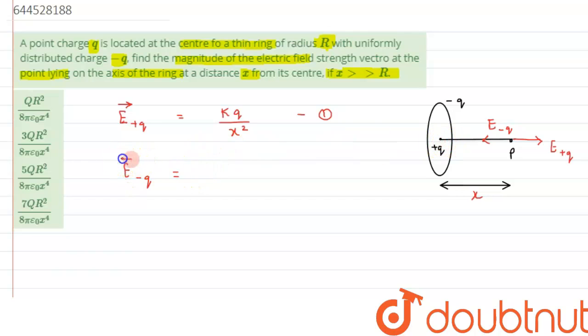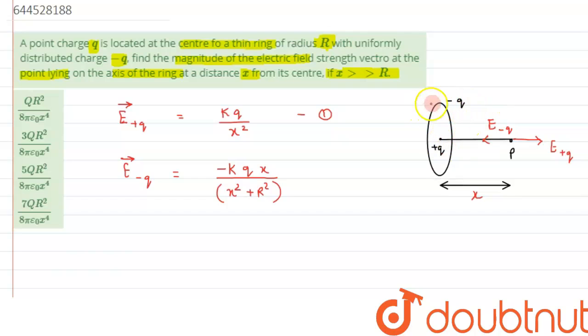Similarly for the electric field due to the negative charge spread over the ring, we have studied the formula. Since the electric field direction due to this ring is towards left, we take it as negative: minus kQx, where x is the distance between the ring and the point P, dividing by x square plus r square, where r is the radius of this ring.